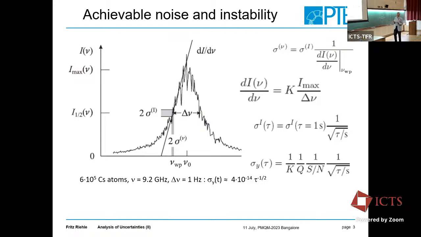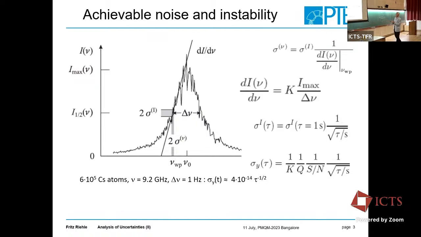Let's make a few examples. If the signal to noise is shot noise limited, it depends on the number of interrogated particles. So if I use 6 times 10 to the 5 atoms, a frequency of 9.2 gigahertz and a line width of 1 hertz, as we talked about last night, then you end up with an instability of 4 times 10 to the minus 14 divided by the square root of tau.